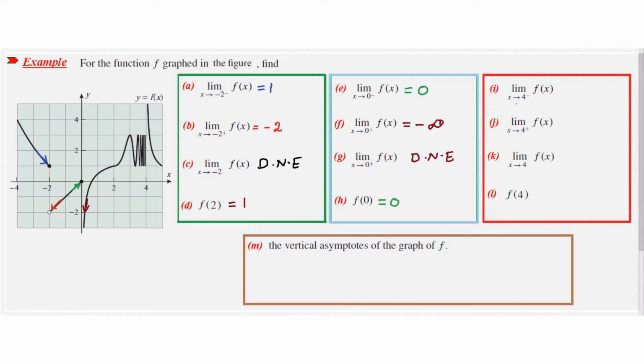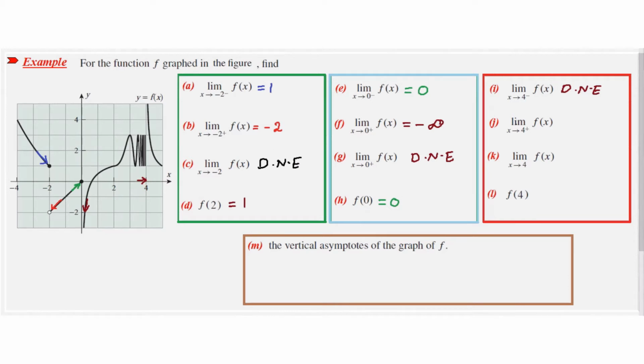So the limit of f(x) when x goes to 4 from the left, this is 4 from the left, and we have oscillation here, so it does not exist because we have oscillation, so no value of the limit when x goes to 4 from the left.